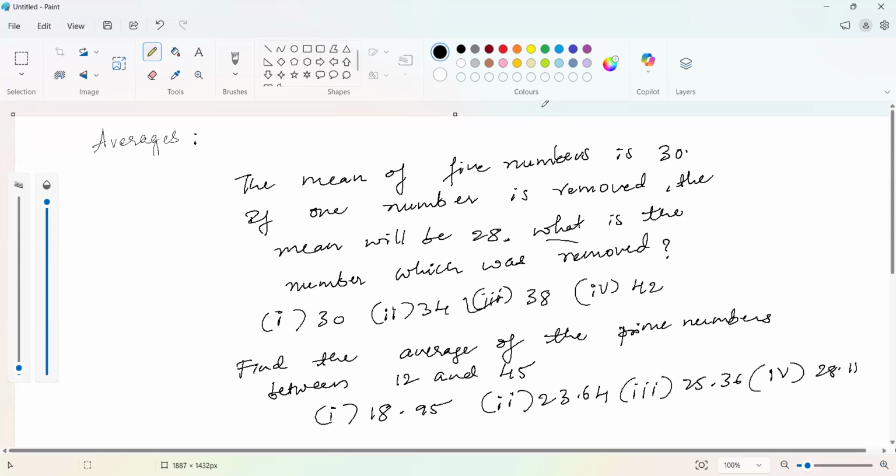28.11. All of you are getting the same answer. You should know the prime numbers well. What are prime numbers? Numbers which are divisible only by themselves and 1.